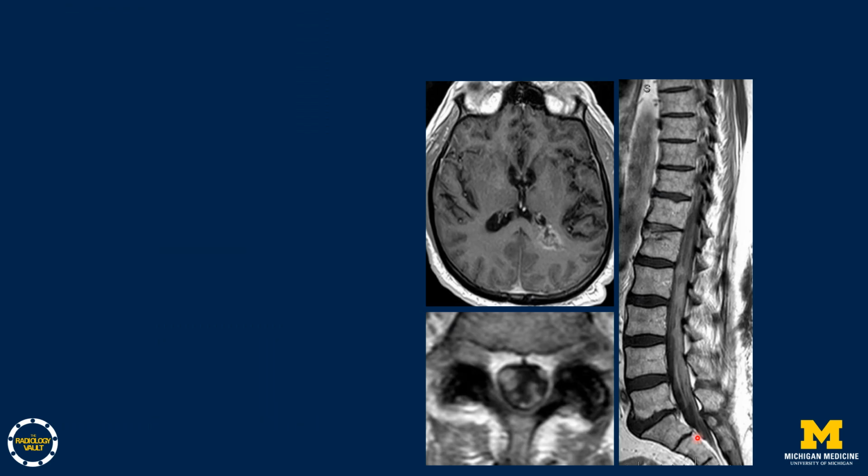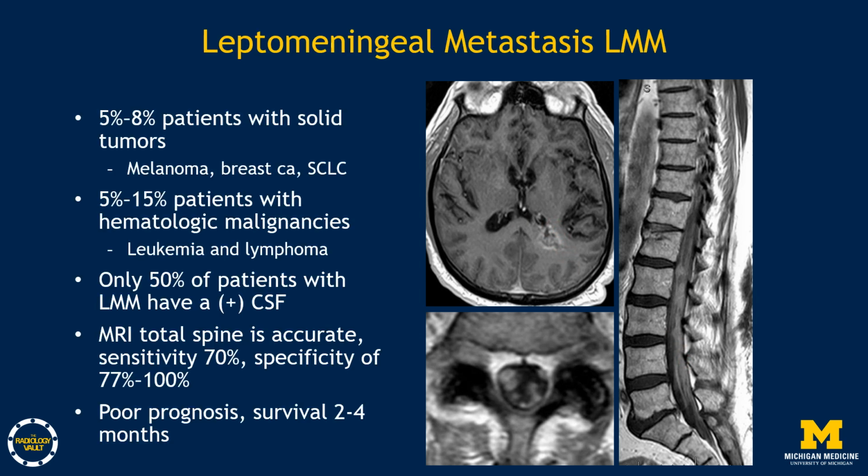This is a patient with multiple metastases in the cauda equina nerve roots and a known glioblastoma, in a patient with leptomeningeal metastasis. Leptomeningeal metastasis can be present in up to 5 to 8% of patients with solid tumors and up to 15% of patients with hematologic malignancies.